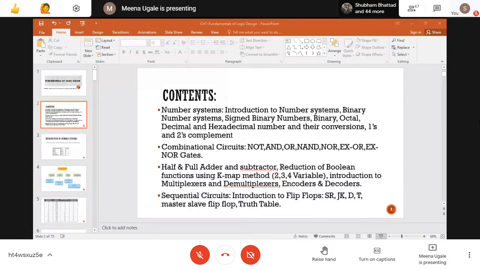The basic logic gates like NOT, AND, OR, NAND, NOR, XOR, and XNOR. We will study these different logic gates: their symbolic representation, their truth tables, and how these gates can be used for designing various combinational circuits.